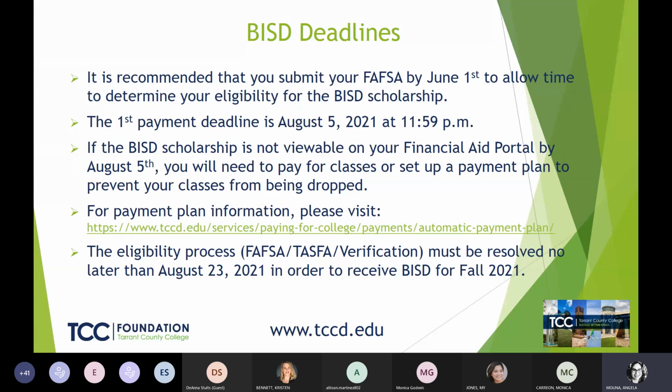Now, you could let them drop and then just re-register the following day, but you run the risk of losing some of those classes. So you definitely want to make sure that you either have your BISD process completed by that time, or you've set up some kind of payment plan.